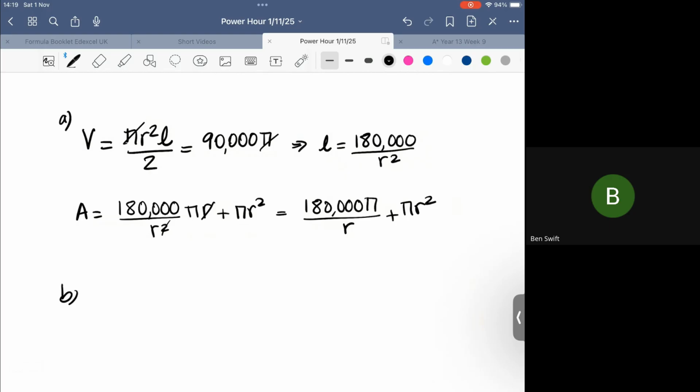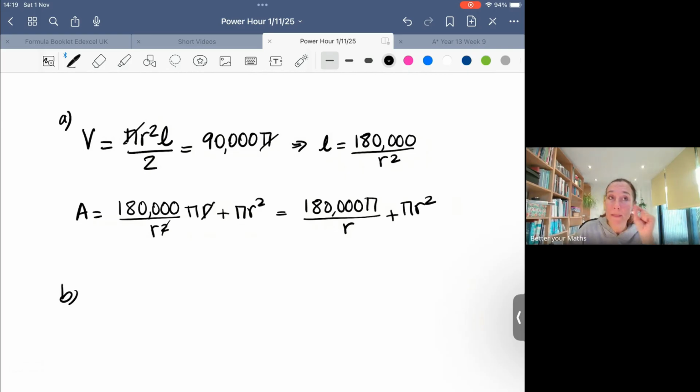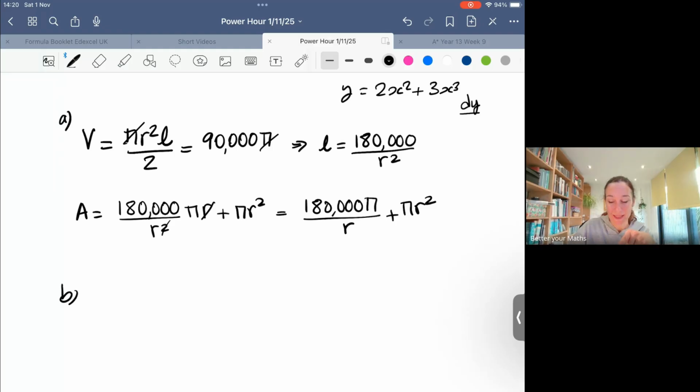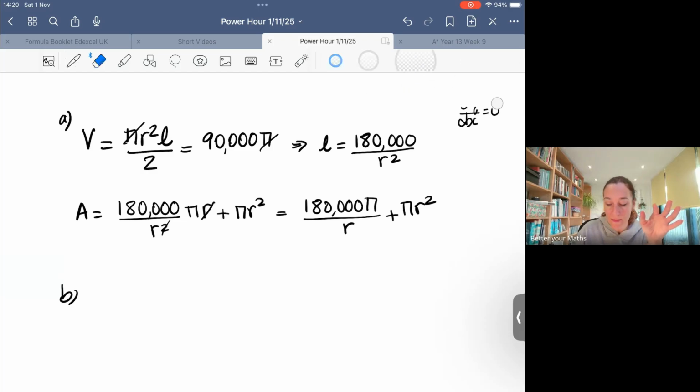How do I find the minimum or maximum of an expression? Differentiate and make that equal to 0. Okay, so that's what I'm going to do independently of the function. Every time I have to maximize or minimize something, I'm going to differentiate and make that equal to 0.